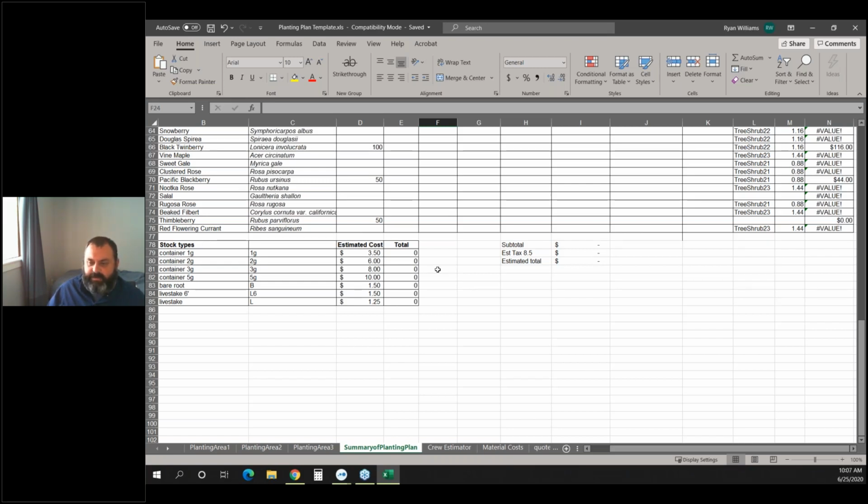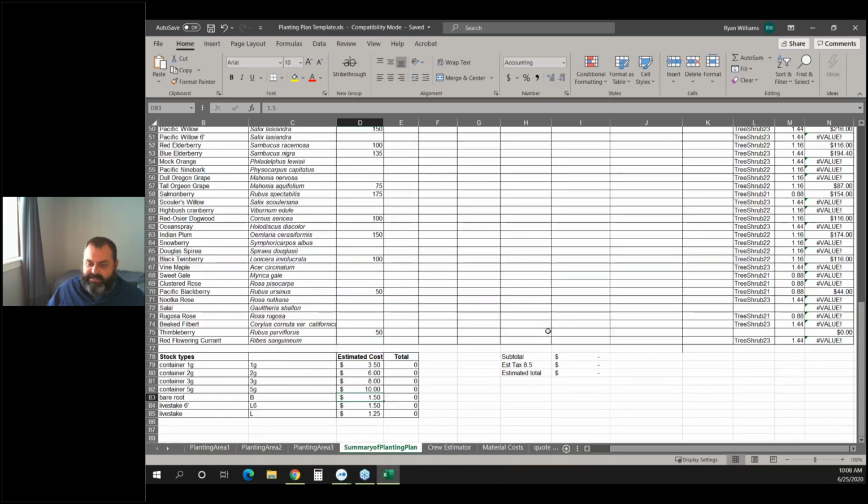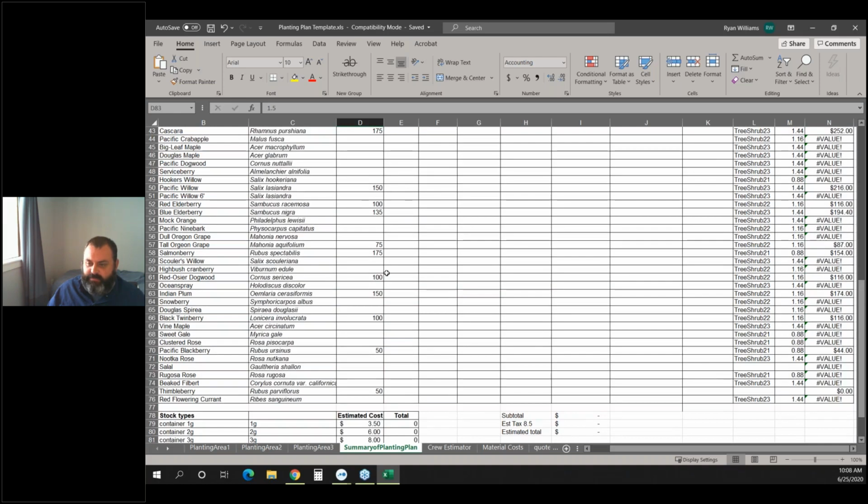So when you're doing a bare root Douglas fir, it's not $1.50 a plant. It's more like 45 cents a plant. But then when you're talking about like a Nootka rose or a twinberry or something, it might be closer to that $1.50. So it's really looking at a ballpark and averaging things out. And so basically this tool just lets me do some of that math.